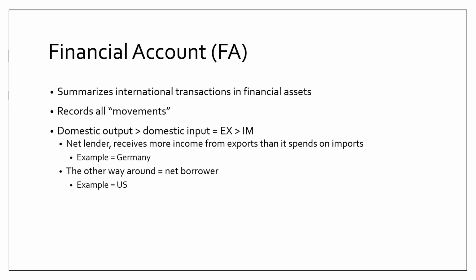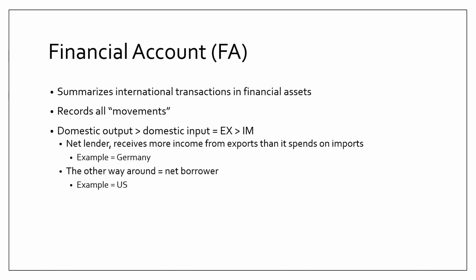The financial account, FA, summarizes international transactions in financial assets, for example, stocks and government debt, and real assets such as a factory. The FA records all movements of financial assets across international borders, mostly movement of ownership.